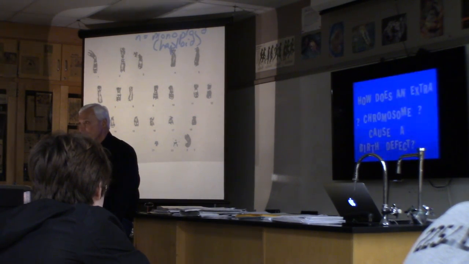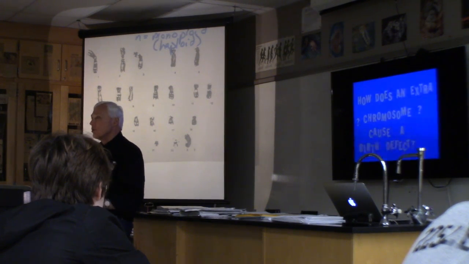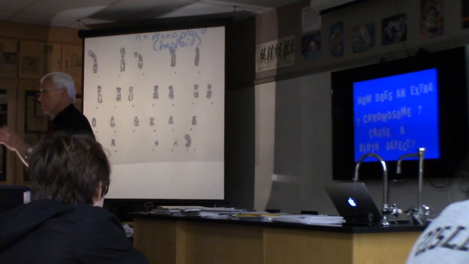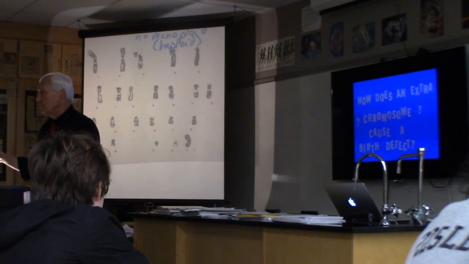So you get 23 chromosomes from sperm A, 23 from sperm B, 23 from the egg, 3 sets of chromosomes, triploid, can't survive.